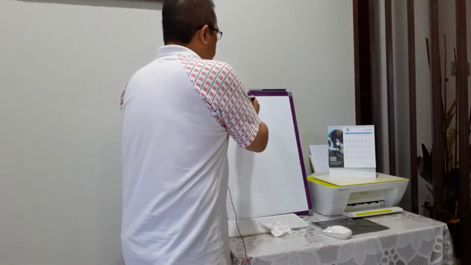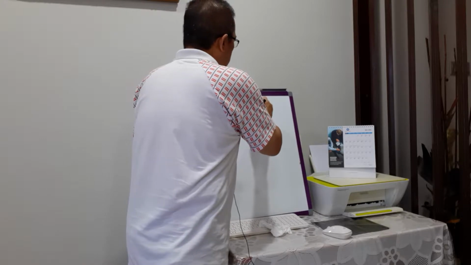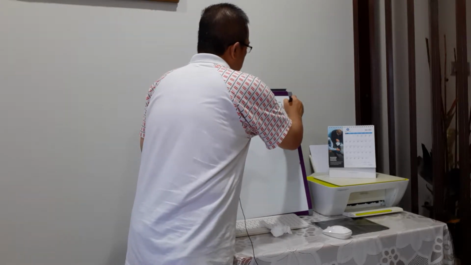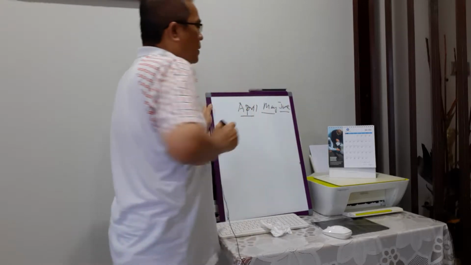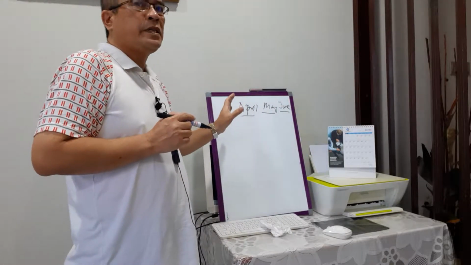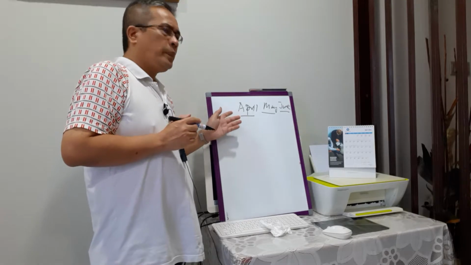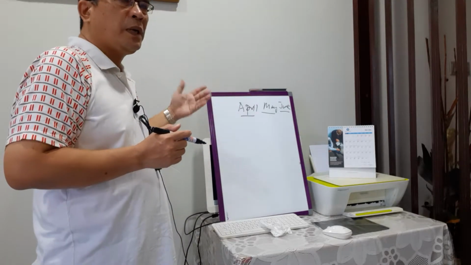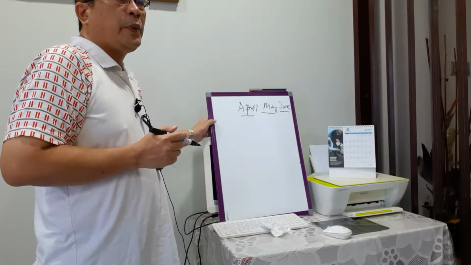April, May, and June. Okay, this is the quarter that we are interested in, but still there is some information prior, terdahulu, lebih dahulu daripada itu, that we need to know.